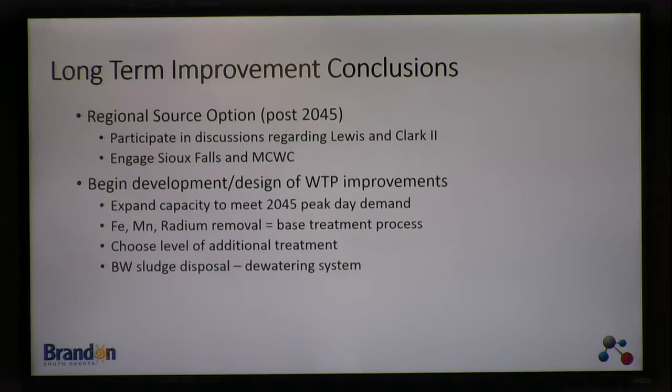What's stalling them right now is trying to figure out, if you brought Brandon on board as a full member of Lewis and Clark, and unless the system is completely independent of the original setup, which is unlikely, you've got to figure out a way to get Brandon up to an equity position. So what does that cost?